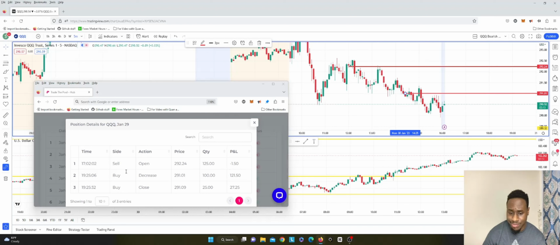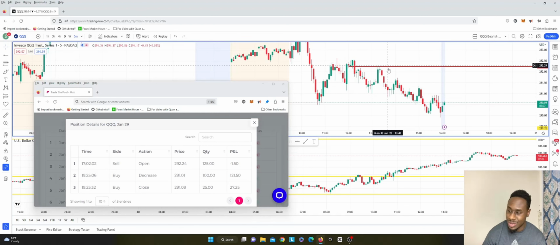that was within, let's say, what, 2 hours. 121, and I let 25 ride for a bit. I wasn't feeling that confidence that it was going to continue down drastically. It continued a little bit lower, which I could have made $125 more actually looking at this trade, because we're at 290.